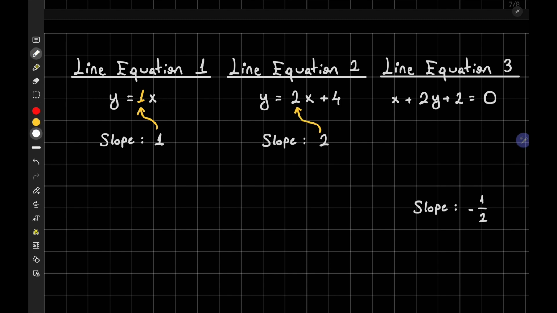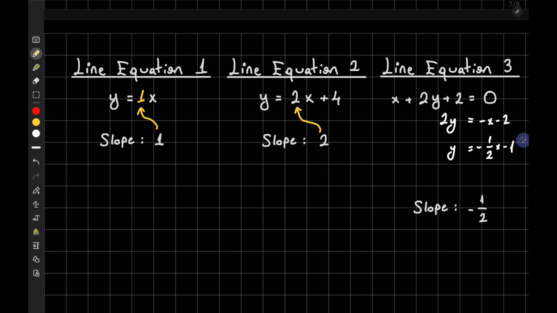In line equation 3, I will write this equation in a different way. I can put x plus 2 on the other side of the equation, giving minus x minus 2, and then divide both sides of the equation by 2. I get y equals minus 1 over 2 x minus 1.